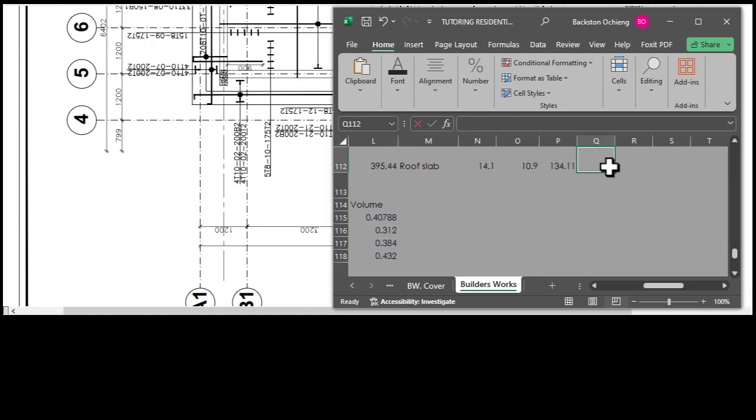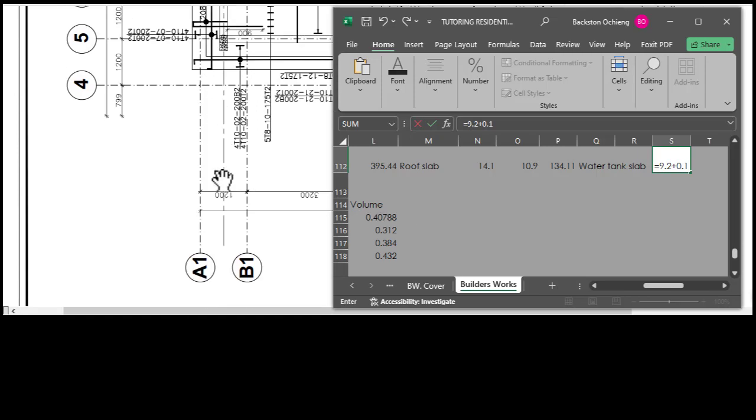So this is the water tank slab. So it's 9.2, but then we need to add 0.1 for the external part of this beam that is along grid beyond grid A1.